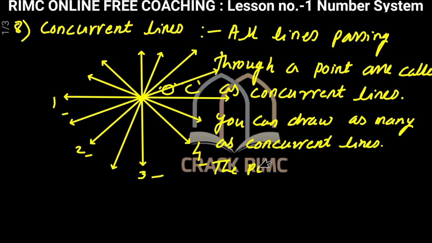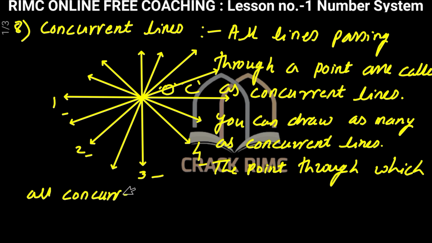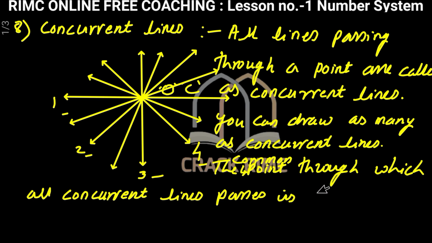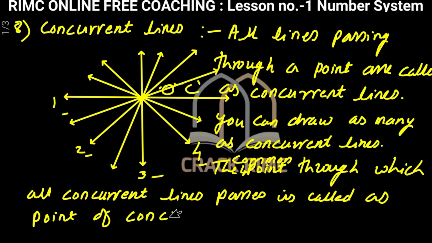The point through which all concurrent lines pass, I can say not the point, I will add here the common point through which all concurrent lines pass is called the point of concurrence.